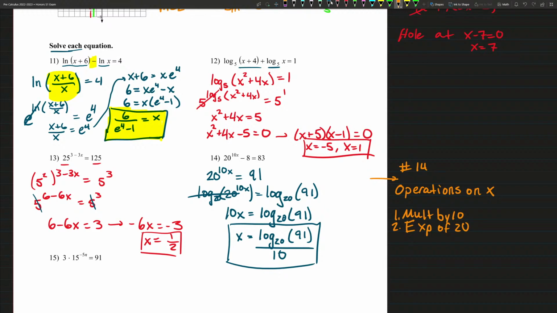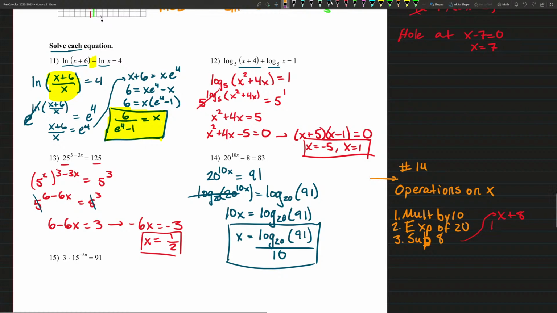And then that 20 to the power of 10x, we're subtracting 8 from it. So in order to solve, what we need to do is add 8. We need to do the inverse of exponential of 20, so log base 20.